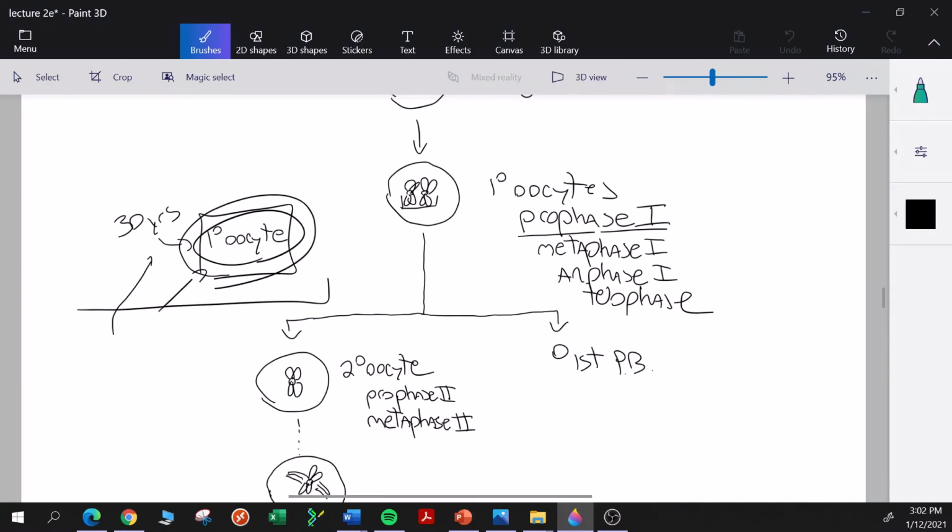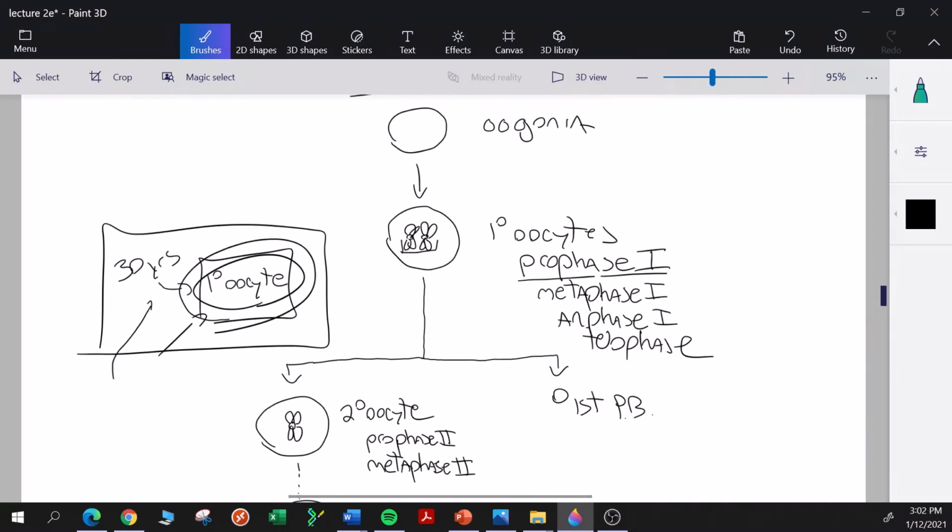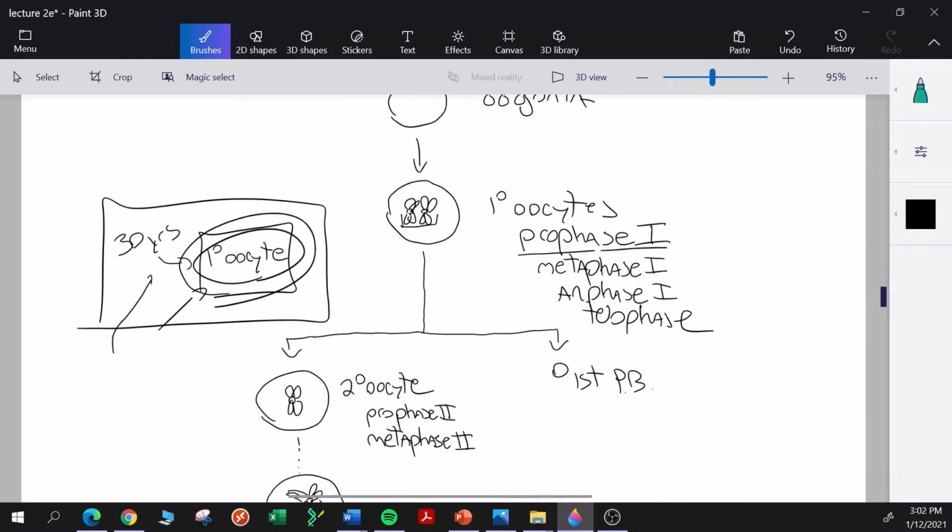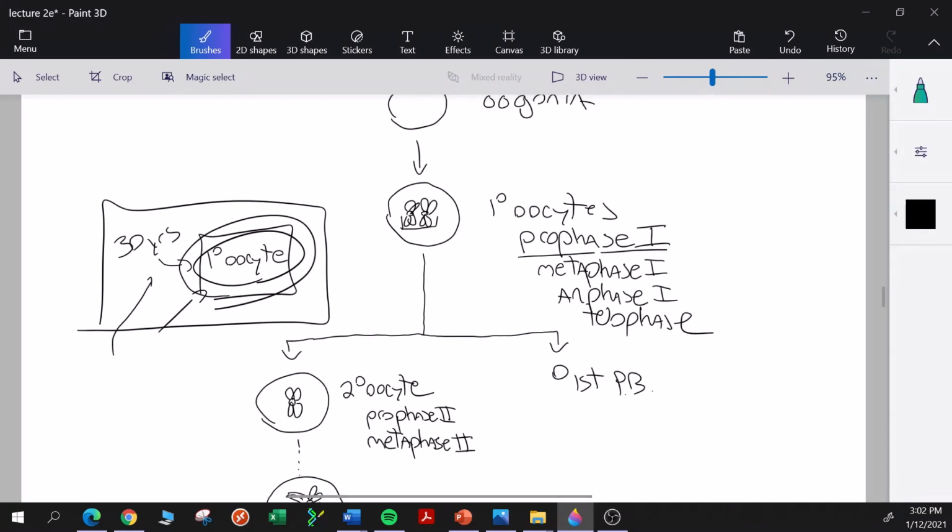Again, those are theories. I don't know how much data supports that, but it's interesting to think that these primary oocytes are stored for so many years before they're used to produce the next generation in humans.